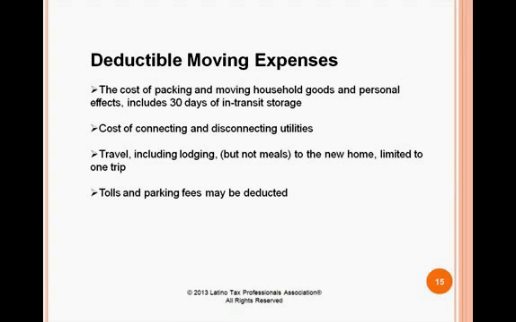The key with the deductible moving expenses is that it must be job related. So there must be a reason of change of work, whether it's a transfer from one city to the other, or a change of jobs. You quit one job and you apply for and get another job in another city, and the distance must be greater than 50 miles.